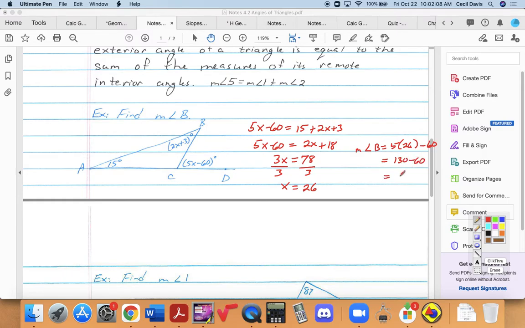Wait. Why? We're finding 5x minus 60 from x. Oh, sorry, my fault. I was not paying close enough attention. So the measure of angle B will be 2 times 26 plus 3. See, that's 52 plus 3 is 55 degrees. Yeah, I guess so.